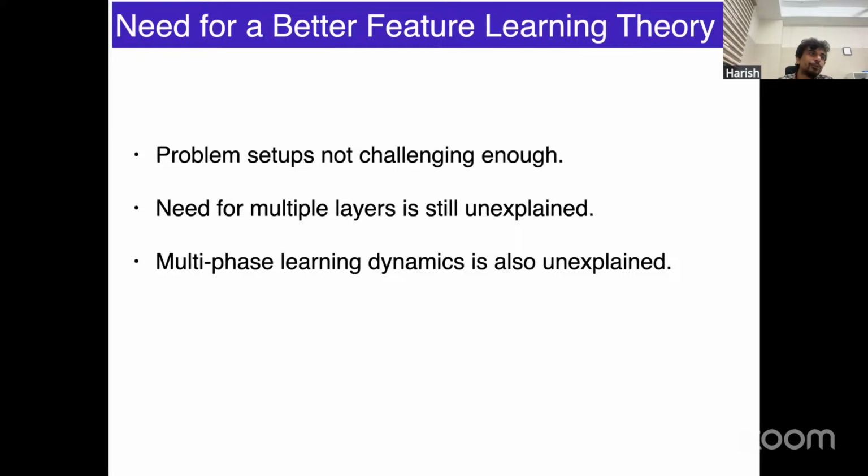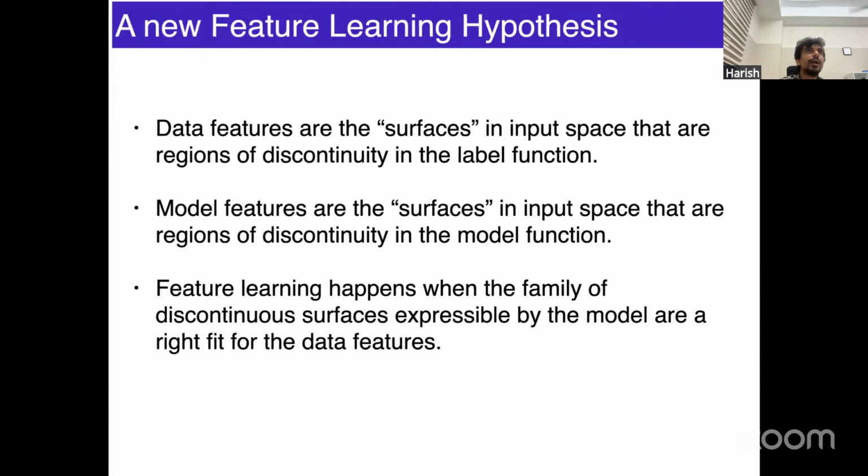If you look at real data setups, you will see multi-phase learning dynamics: a phase 1, phase 2, phase 3 kind of thing that you see in empirical performance, and that's just not present here at all. All of this makes for an unsatisfactory feature learning theory situation right now.